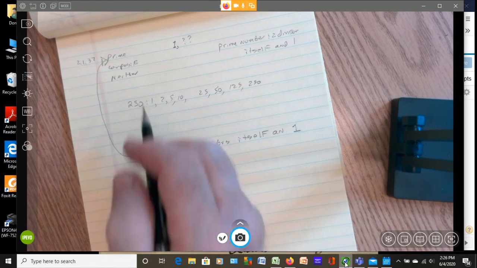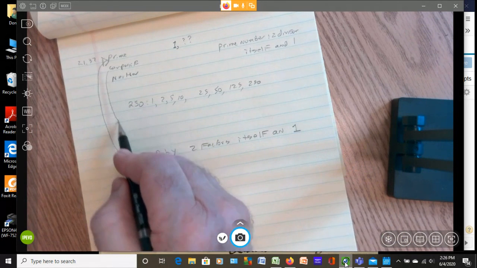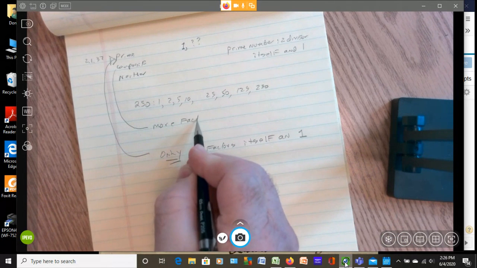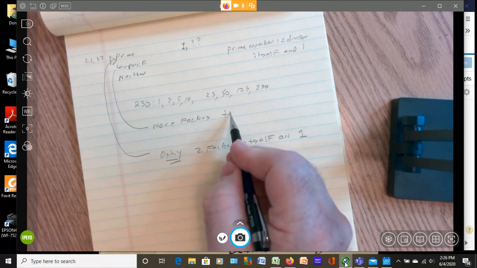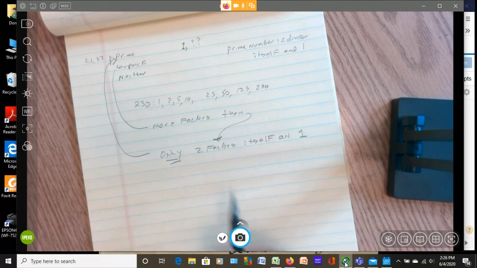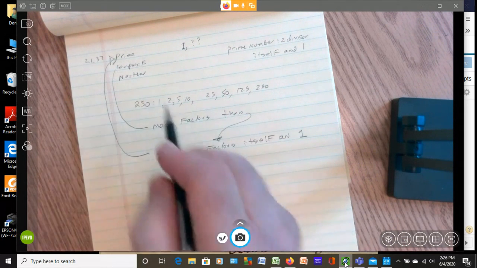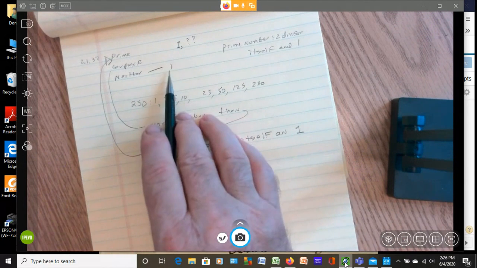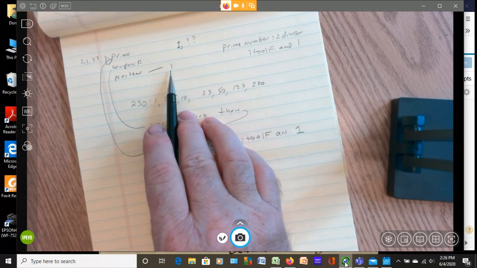A composite number has more factors than this situation. And a neither, well, we've already said that 1 is a neither because 1 only has itself and 1. 1 times 1.